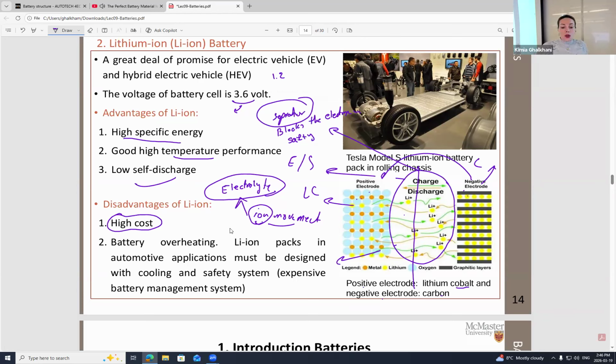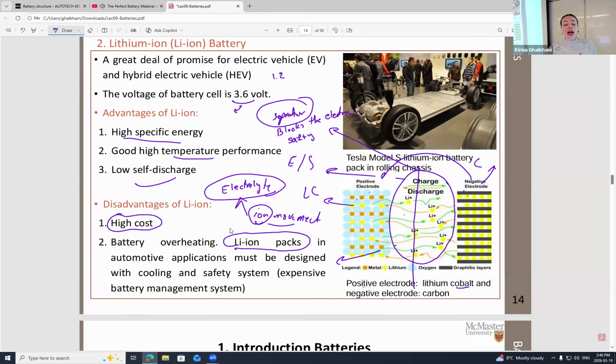So in here, you can see also, in case we are going to design a battery pack using lithium-ion batteries, definitely we have to consider thermal management. Why is that? Because as I said, lithium-ion batteries do have sensitivity to temperature, right?